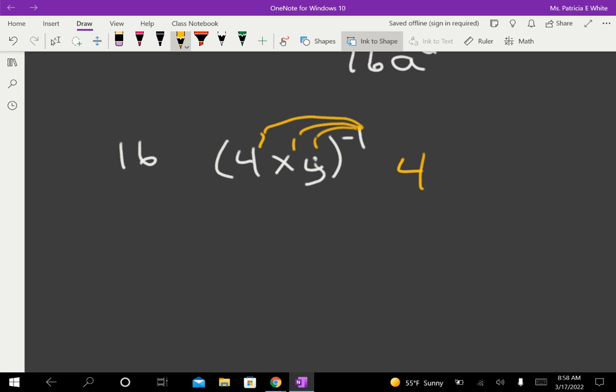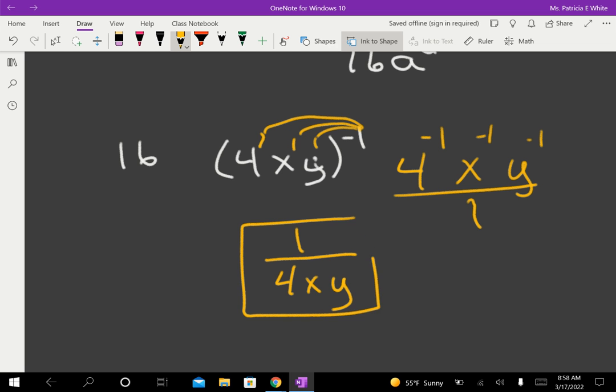So that's going to give me 4 to the negative 1, x to the negative 1, y to the negative 1. All of them are negative, so all of them have to be moved. I'm going to put it over 1. I'm going to put the 1 on top and put the 4xy on the bottom. Okay? Once I flip them, they become positive.